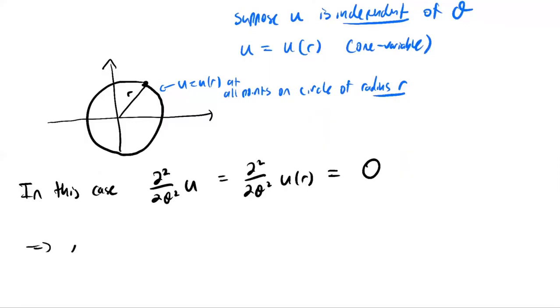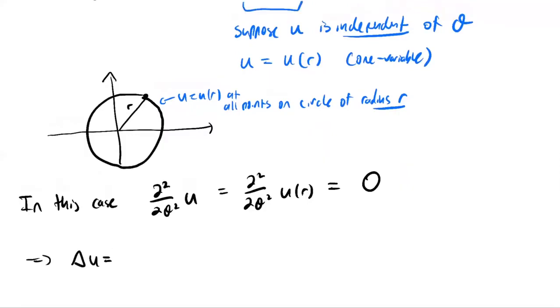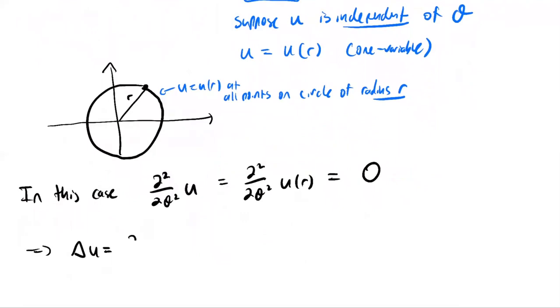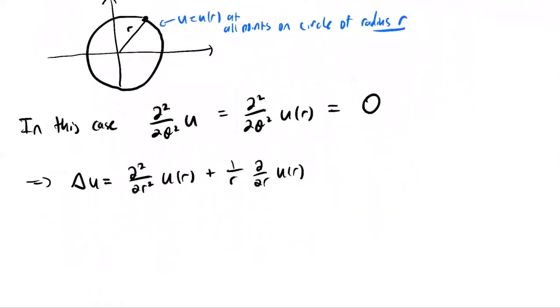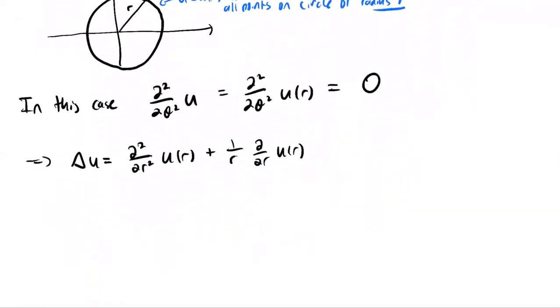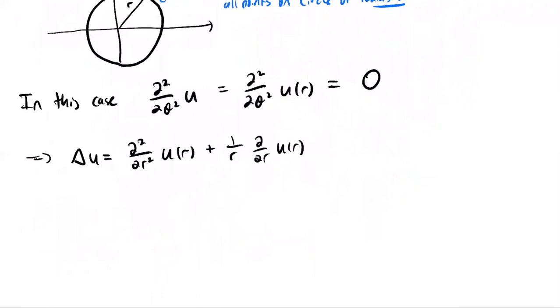And so this tells me that the Laplacian of u is given by the second derivative with respect to r plus 1 over r times the first derivative. And so let's solve the Laplace equation for this particular function.